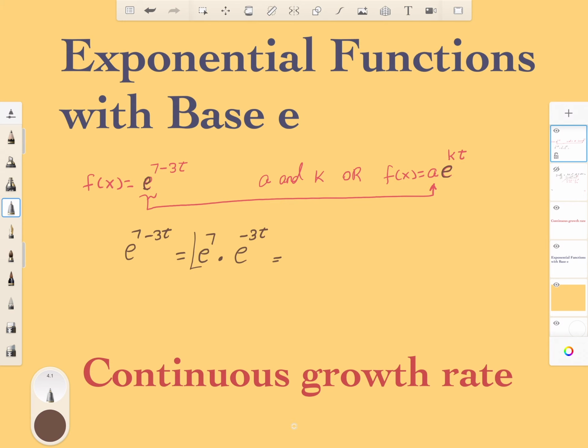So e to the power 7 will be our a, and k will be negative 3. You can calculate e to the power 7 through your calculator, or you can keep it as an exact value. e to the power 7 is a number, negative 3 is k, and k is less than 0, so the function is decaying.